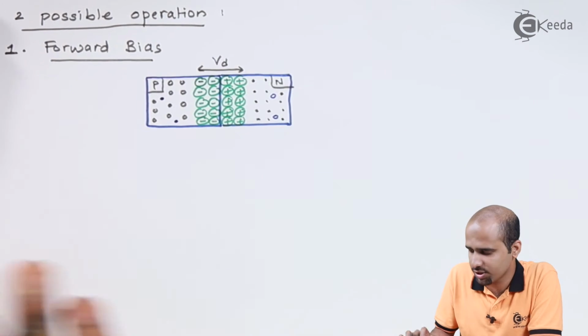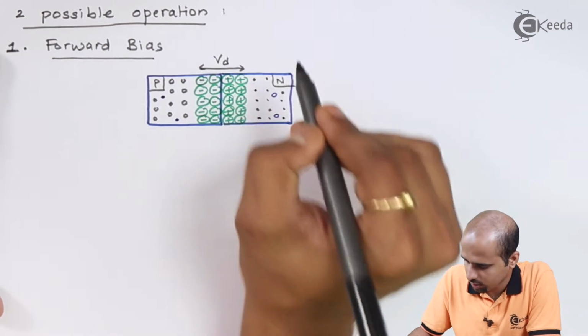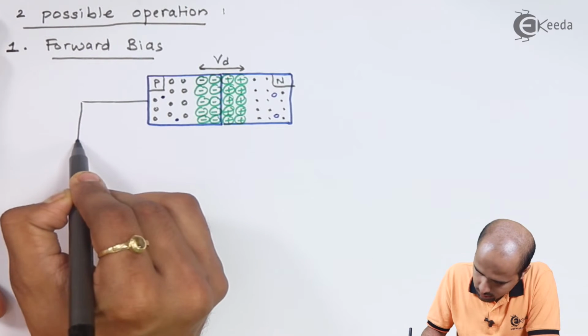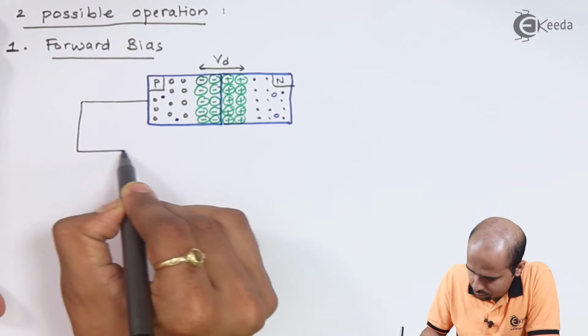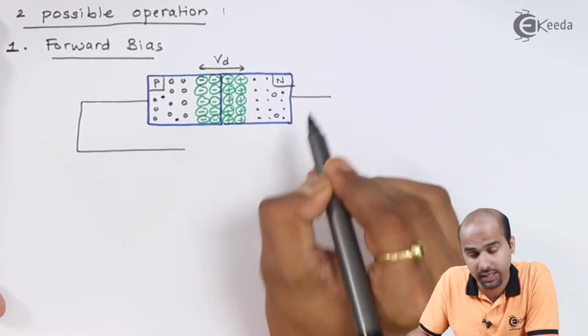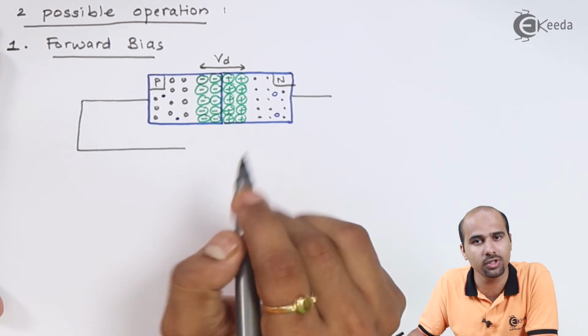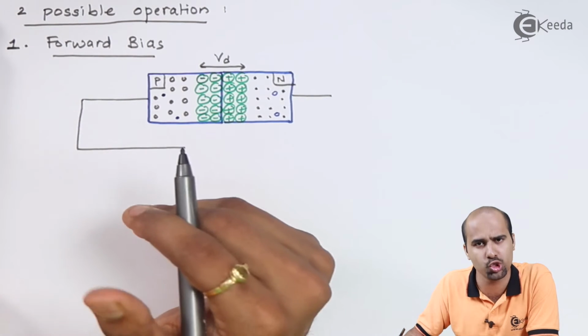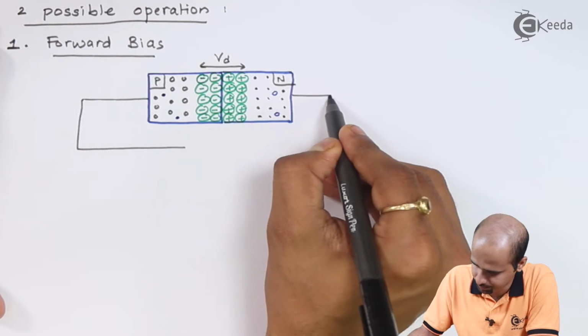Okay, this is a simple diode. Now with this we will form the external circuit such that I will get the external force for the electrons to move towards the P type or holes to move towards N type.